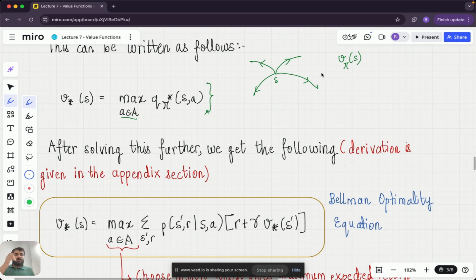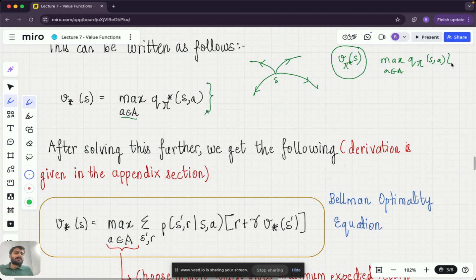And what we are saying is that if the policy is optimal, then whatever value the optimal policy gives as the value of this state is going to exactly match the value that you get by doing this operation, which is maximum of q pi of s comma a.